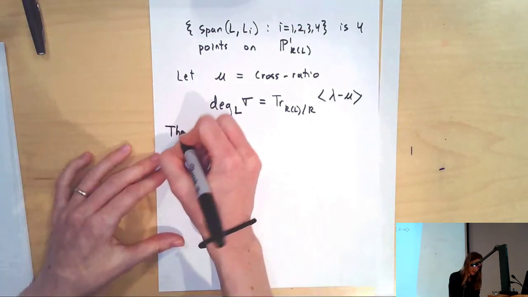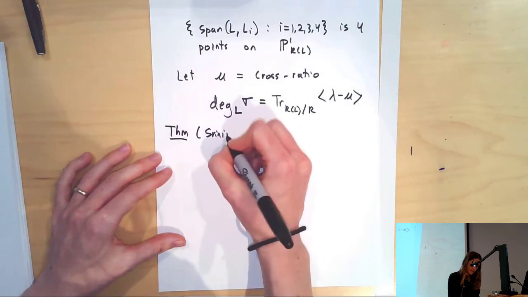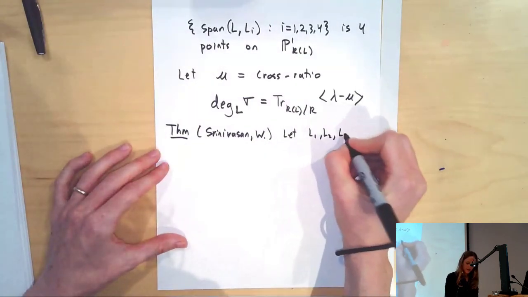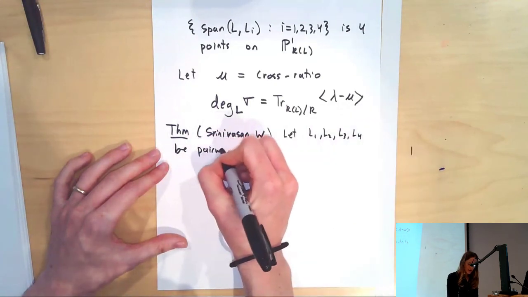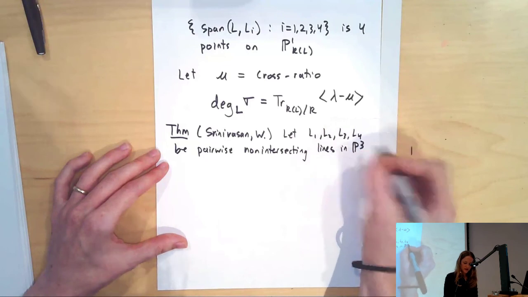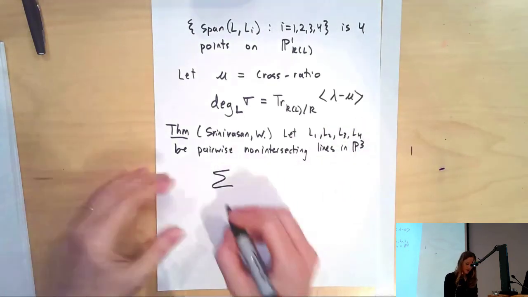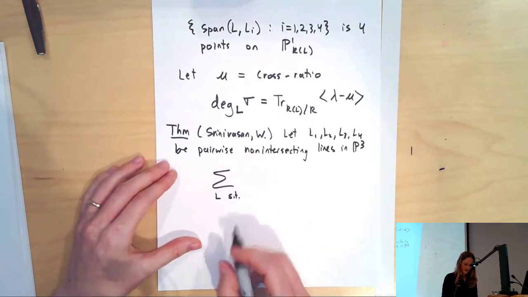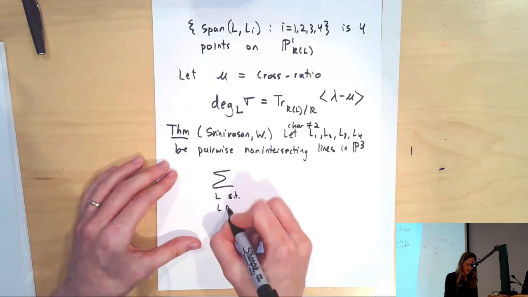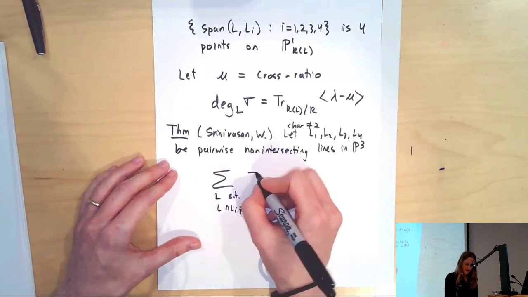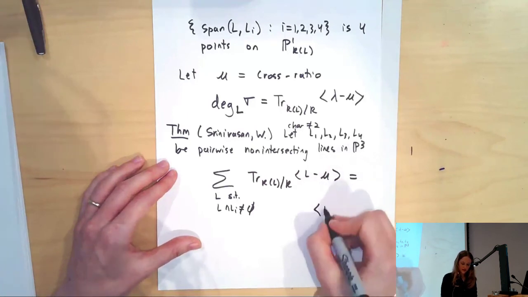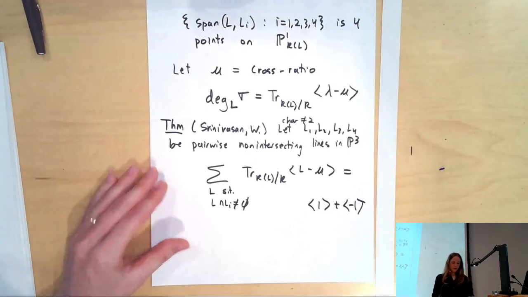So then we get this fun theorem that says: let L1, L2, L3, L4 be pairwise non-intersecting lines in P3, then the sum over L such that, well, there are different ways to get around this, but let's do characteristic not two, such that L intersects all the lines, of this trace of the difference of the cross ratios is a fixed form, and it is the hyperbolic form.